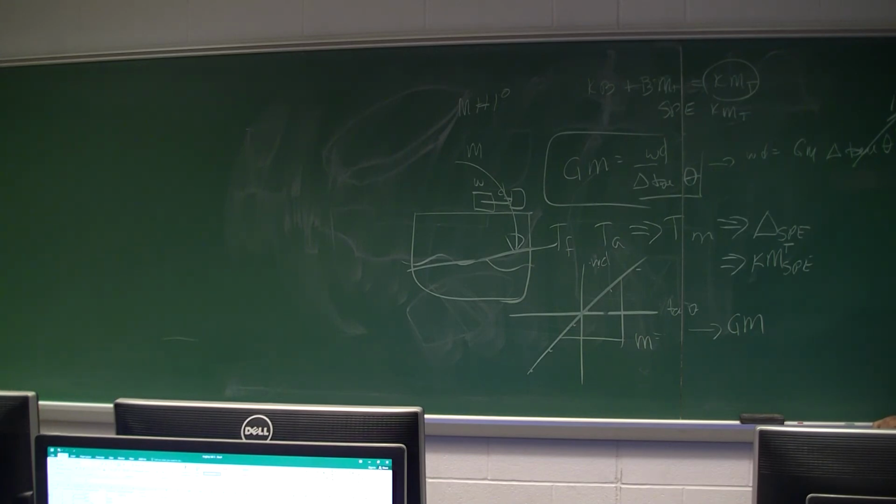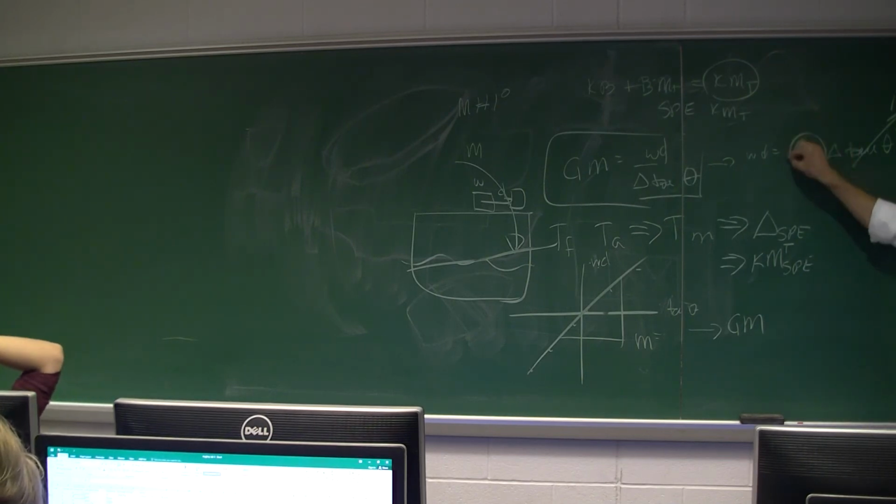And then find what tan theta at 1 degree is. And multiply that by the GM that we found for this ship model, and multiply by the displacement there. Correct.